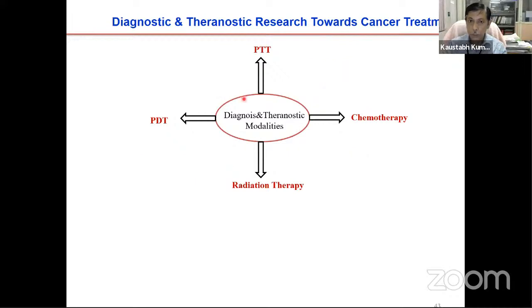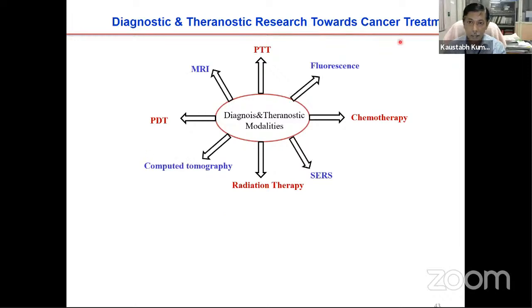If you consider the therapeutic modalities, there are phototherapy, chemotherapy, and radiotherapy. And if you see the diagnostic modalities, there is fluorescence. We know MRI, and I will also give you a brief on computed tomography, CT or PET.